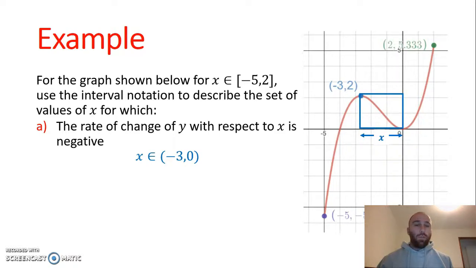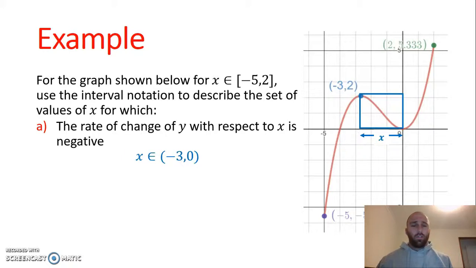So how do we describe that? We talk about that domain. So the domain starts at -3, okay, and finishes at 0. Notice that I haven't included -3 or 0, mainly because at those points the rate of change is 0.